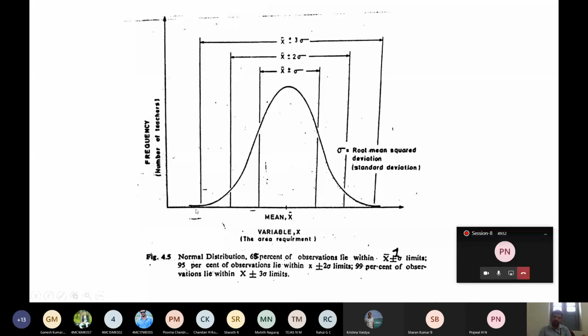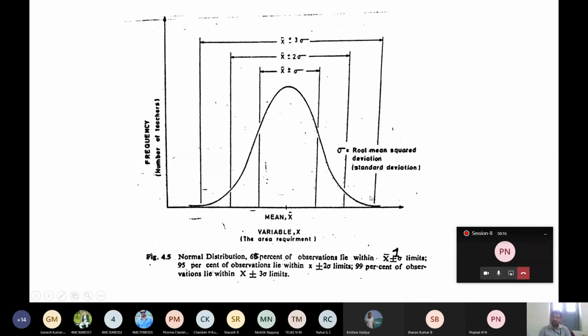Based on the feedback from the teachers, you are going to plot a graph. The area requirement is plotted on the x-axis, and the number of teachers requiring that particular area is on the y-axis.